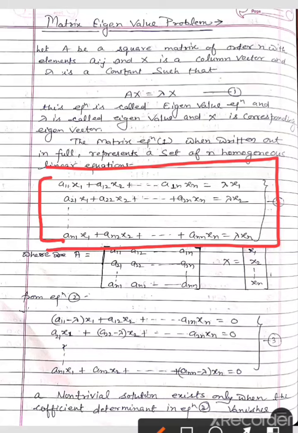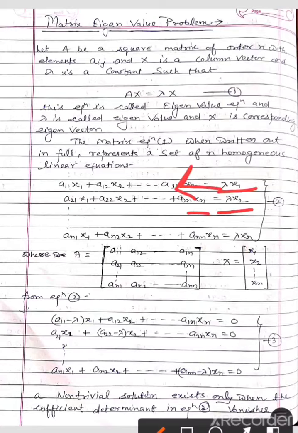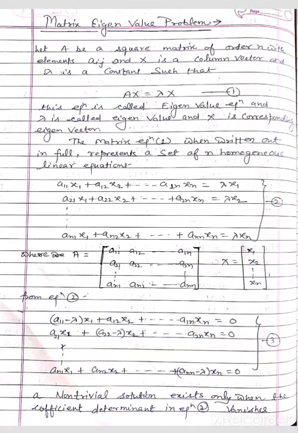We name this equation system 2. From these equations, we shift lambda x1, lambda x to the LHS, and collecting x1 coefficients, x2 coefficients, we get this equation system.